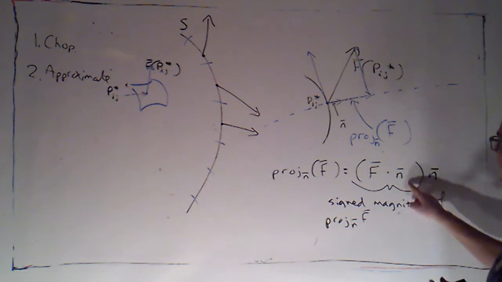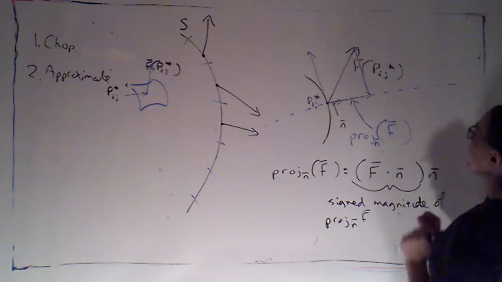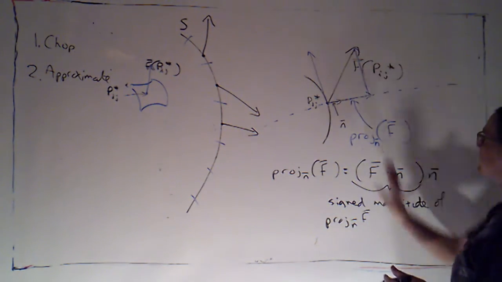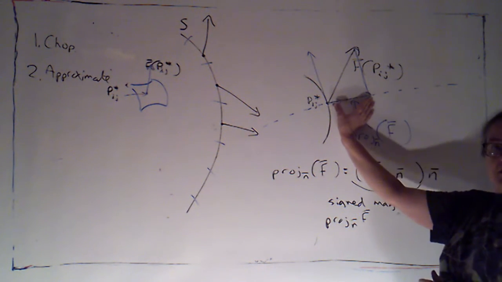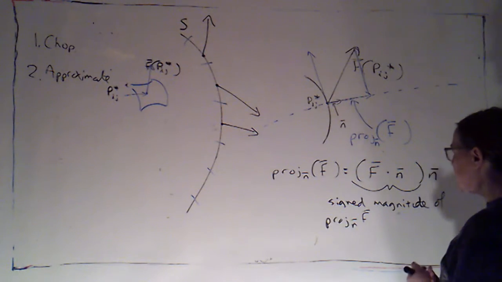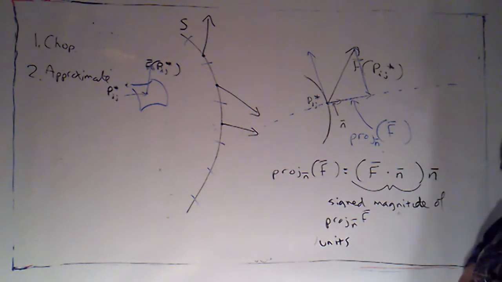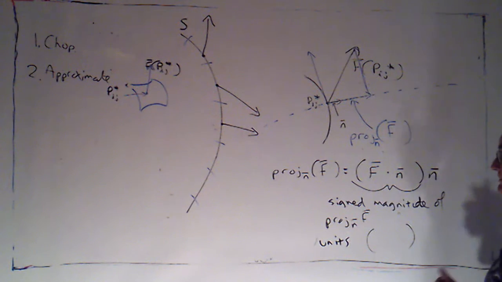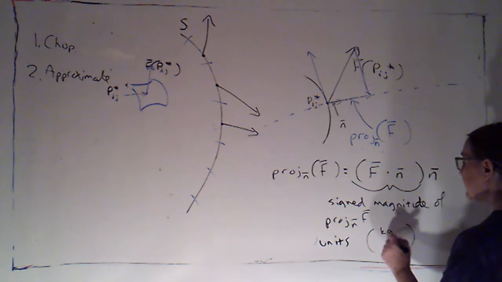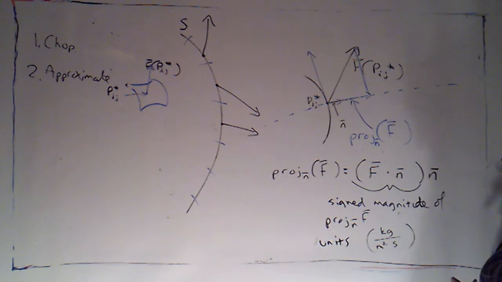Okay. But if this is just the signed magnitude of this particular component of F, the units for it are going to be the same as the units for F. So I mentioned that earlier, but now we're taking a closer look at what that actually represents. The units are the same as the units for F, which were kilograms per meter squared per second.